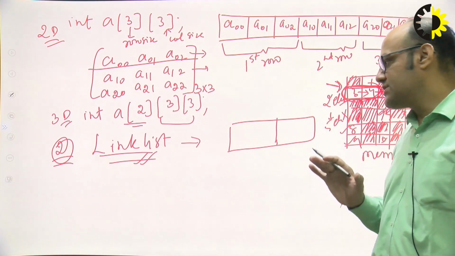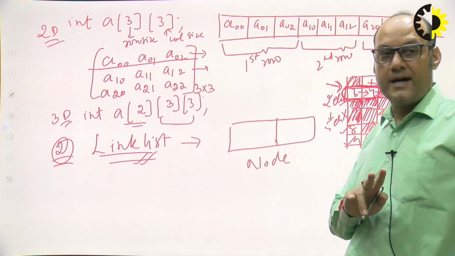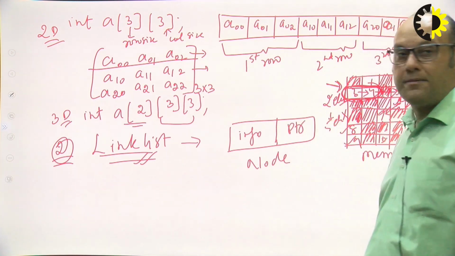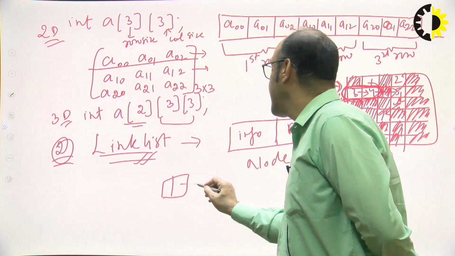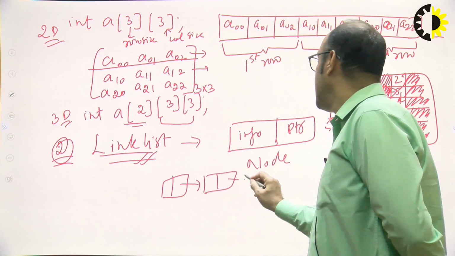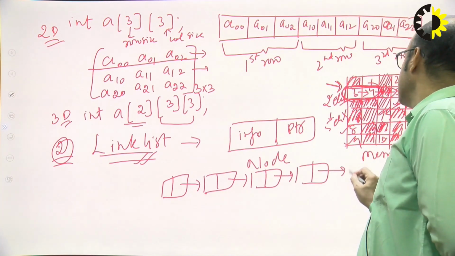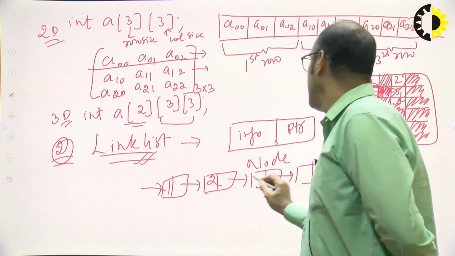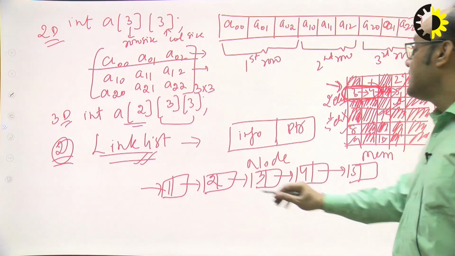So, a linked list is defined as a node which consists of 2 parts. The first part is the information part and the second part is the pointer part, PTR. For example, for 5 elements, I need to declare 5 nodes here. This is called a linked list. 1, 2, 3, 4, 5, 5 elements are kept.